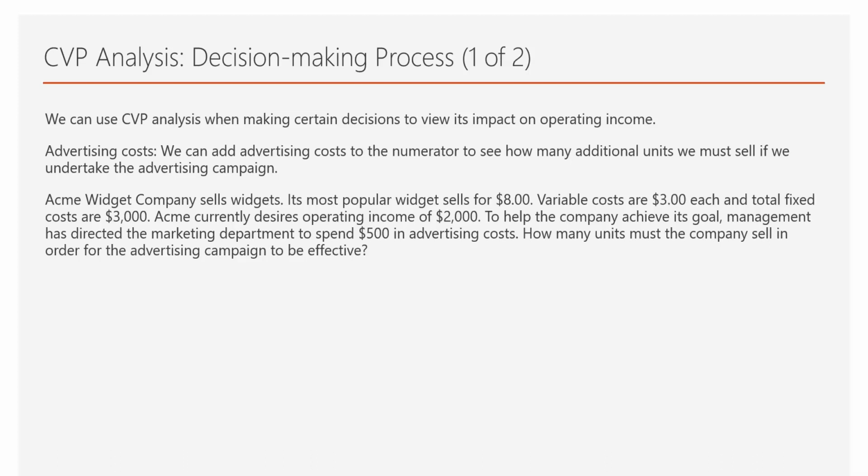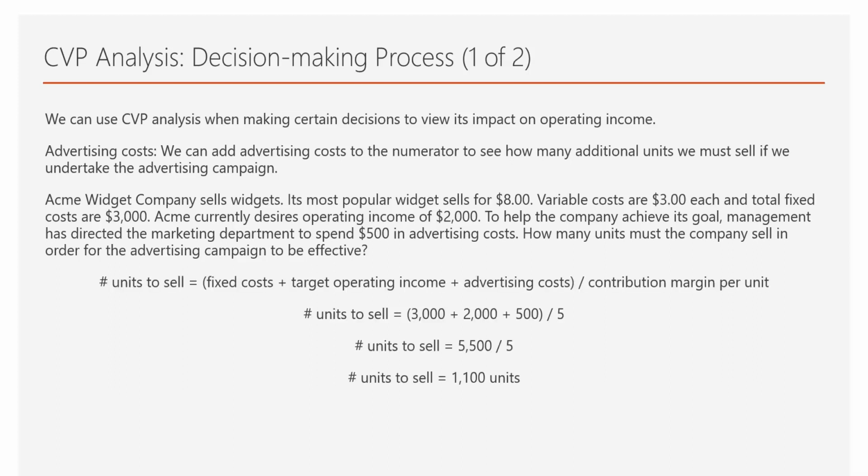Acme currently desires operating income of $2,000. To help the company achieve its goal, management has hired the marketing department to spend $500 in advertising costs. How many units must a company sell in order for the advertising campaign to be effective?